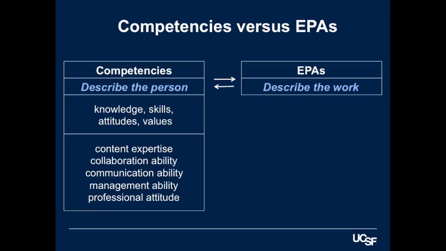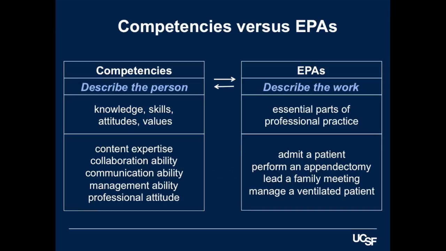EPAs describe the work that that learner can do. EPAs are essential tasks of a professional practice. Examples listed here include admit a patient, perform an appendectomy, leading a family meeting around serious illness, or managing a ventilated patient. We will be using both competencies and EPAs with our medical students.